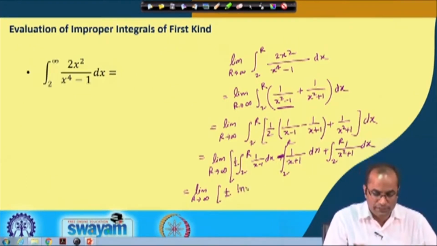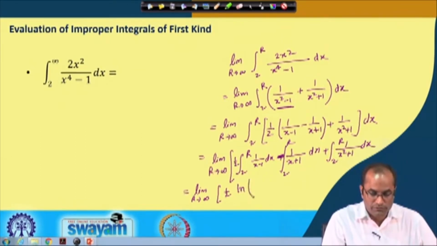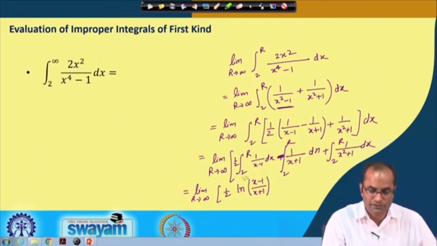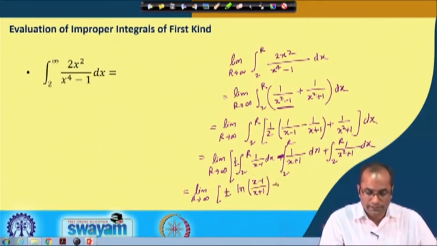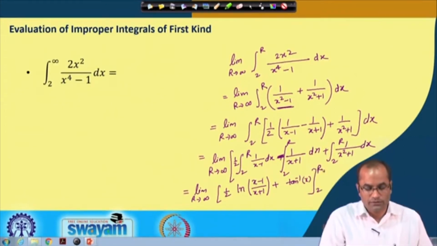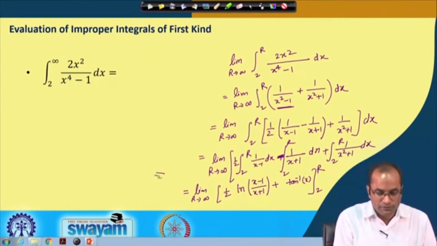So, this will be ln, the logarithm of (x minus 1) over (x plus 1), combining the first two terms, and then here we have tan inverse x. That is the integral with limit 2 to r. Now we will compute this limit.